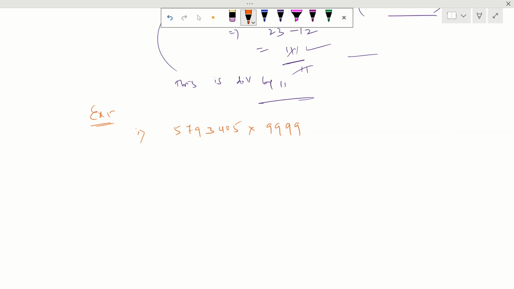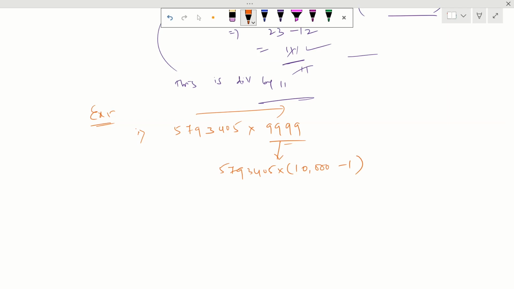Finding the multiplication of such a big number is very difficult, so we have to use a trick here. This number 499 we can write as 10,000 minus 1. Can we write that or not? Yes, we can.